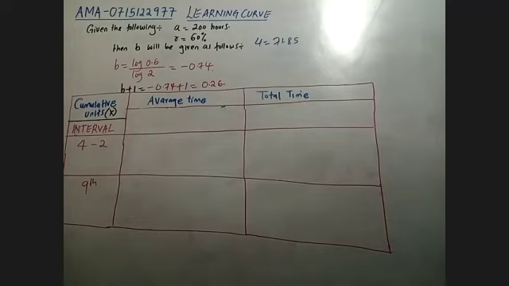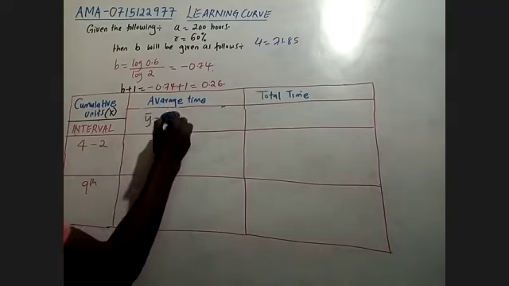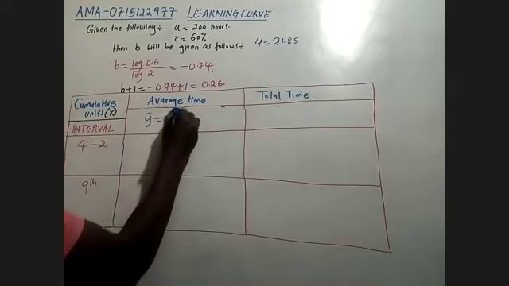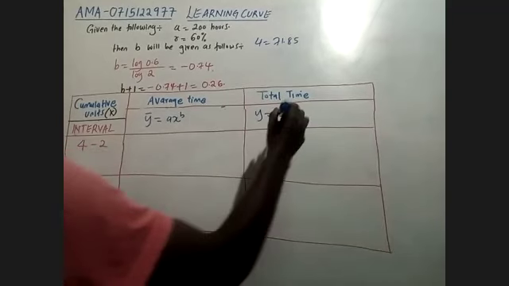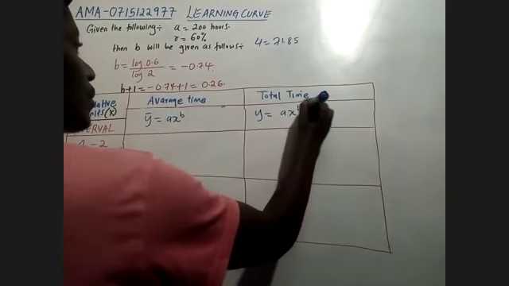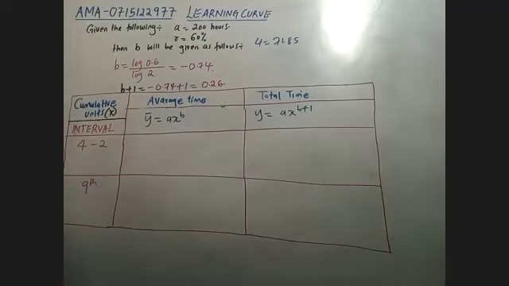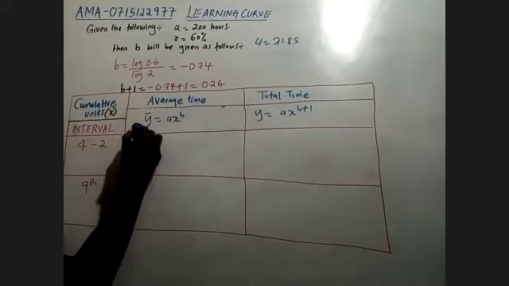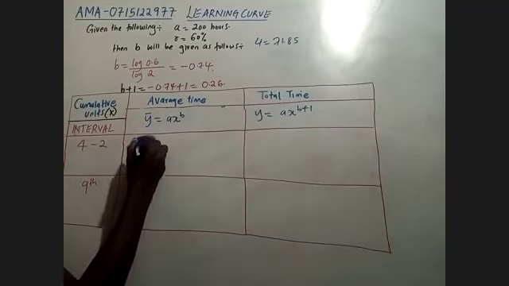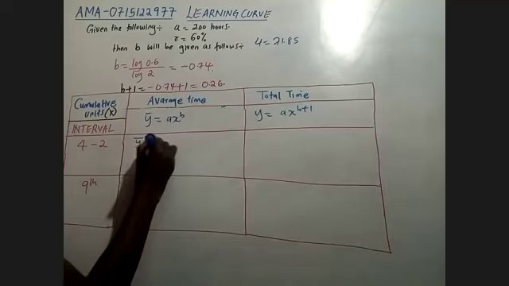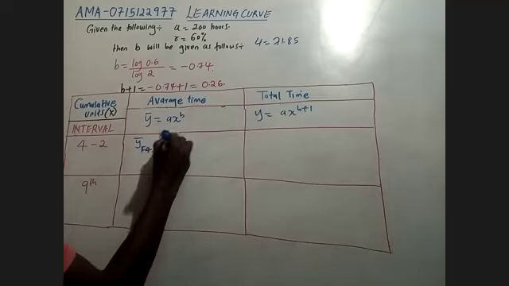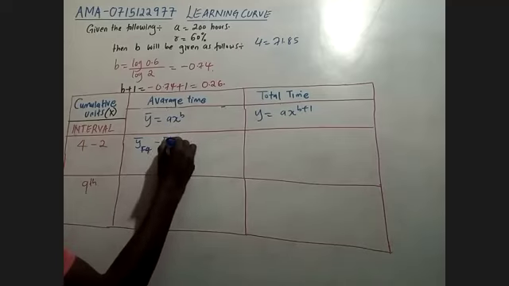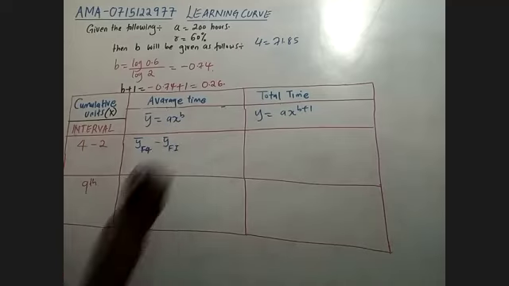So for average time tunatumia sasa hii formula normal. Average is equal to AXB, and for total is equal to AXB plus 1. Now for average, Y bar for the first 4 minus Y bar for the first unit.